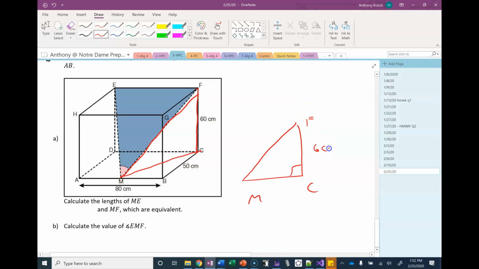So FC is 60. And MC we can calculate because we know that MB is 40 and BC is 50. So I can just use the Pythagorean theorem to find MC. Olivia, are you okay with that? Yeah.